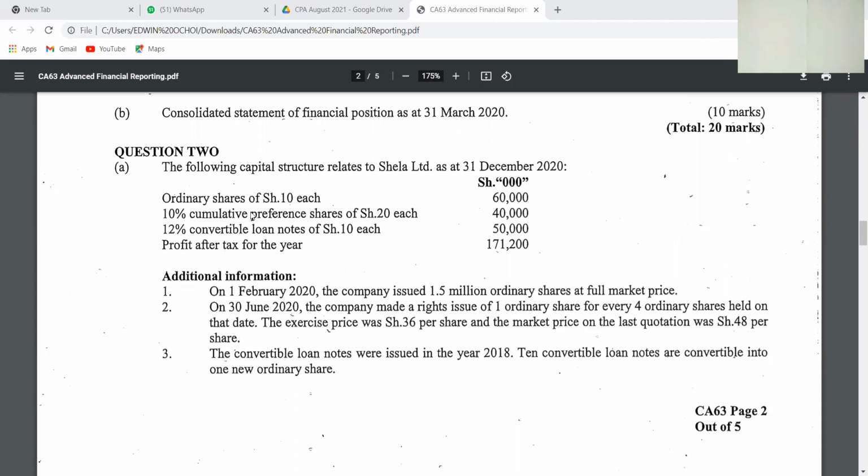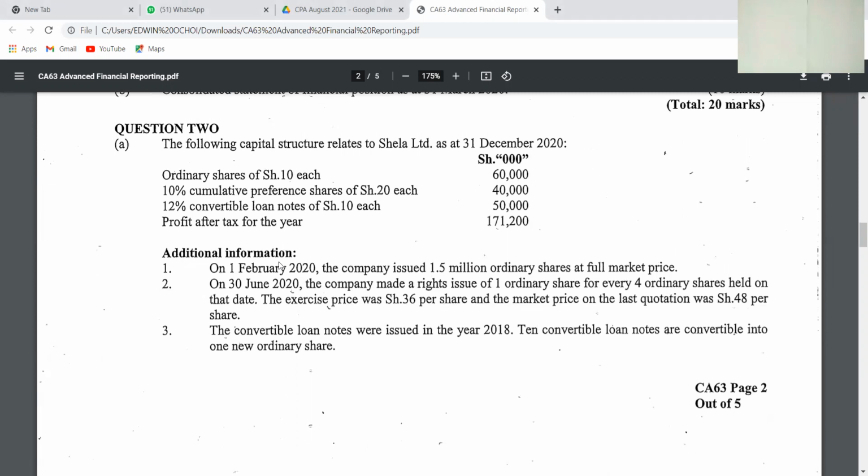So he gave you the ordinary shares of shillings 10 each, 10% cumulative preference shares of shillings 20 each, 12% convertible loan notes of shillings 10 each, and profit after tax for the year. You were given additional information: on 1st February 2020, the company issued 1.5 million ordinary shares at full market price.